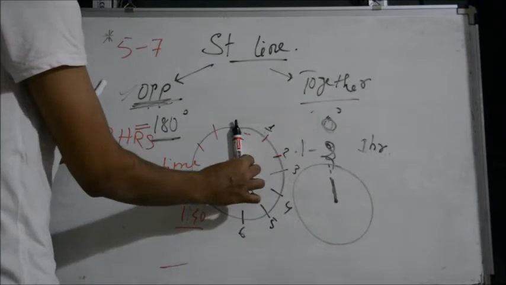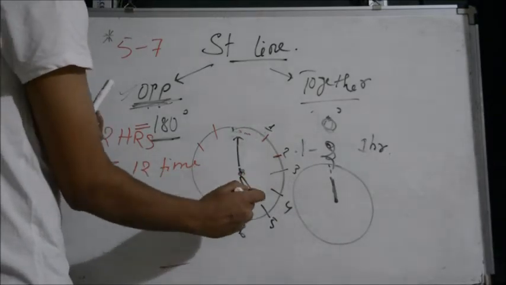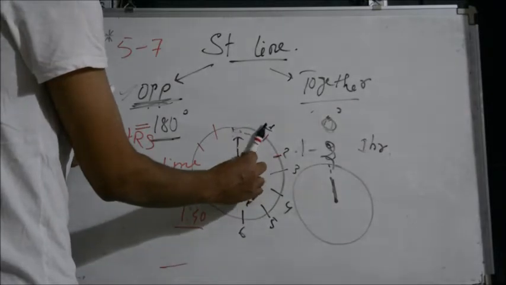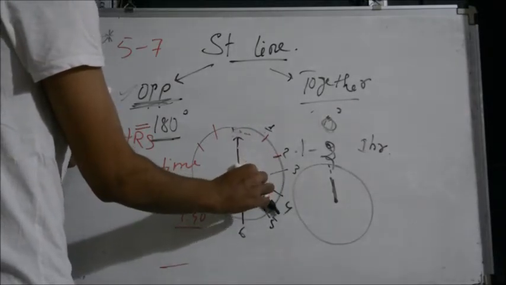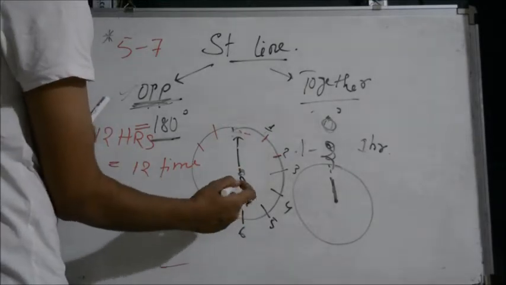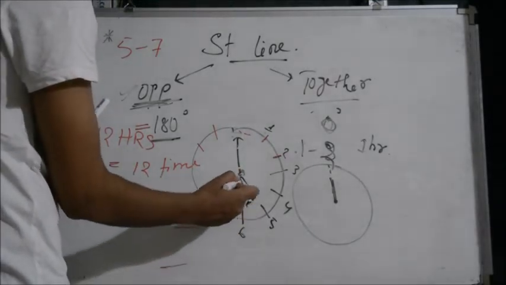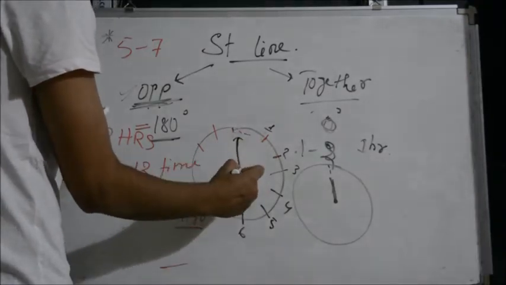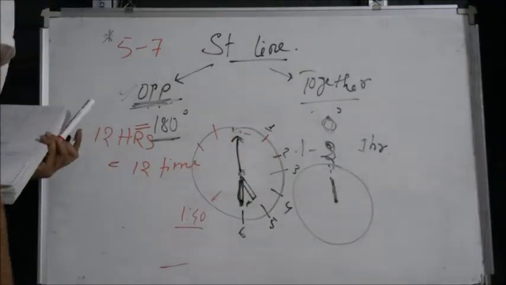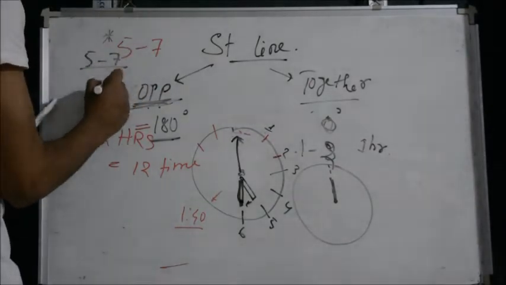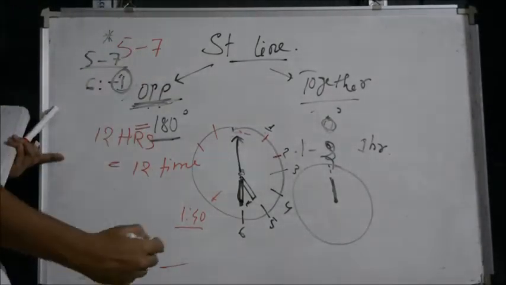When the minute hand moves, the hour hand also moves. From 5 to 6, we are not getting any straight angle. Exactly at 6 o'clock we get a straight angle. So from 5 to 7, at 6 o'clock we get one straight angle.